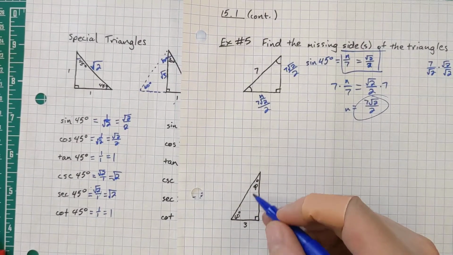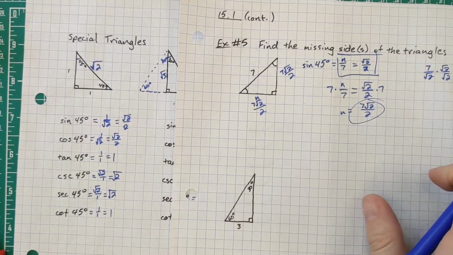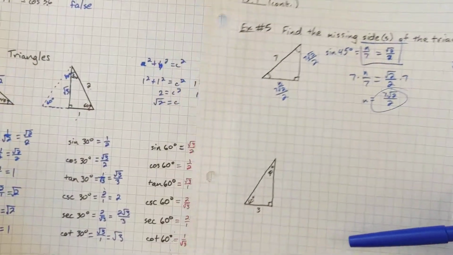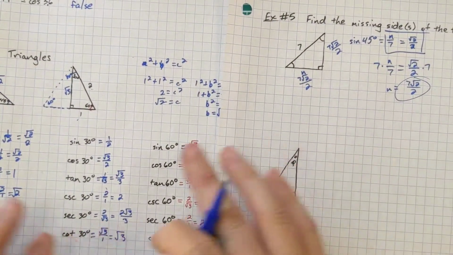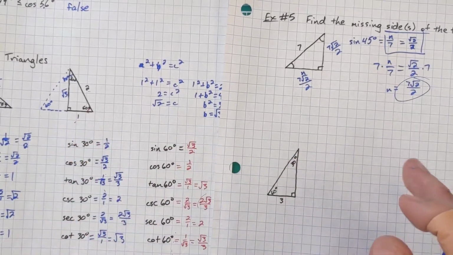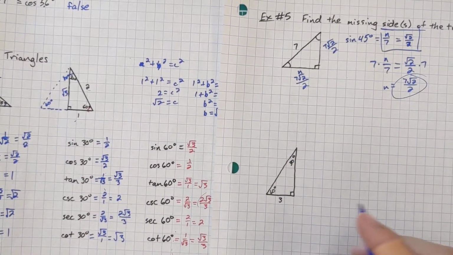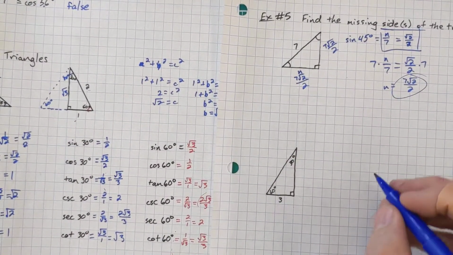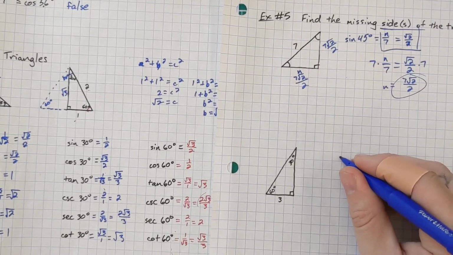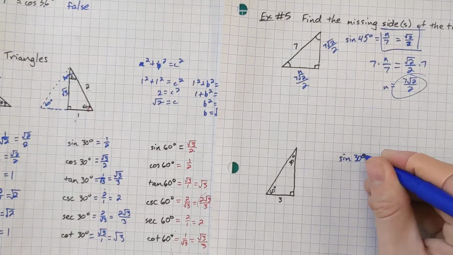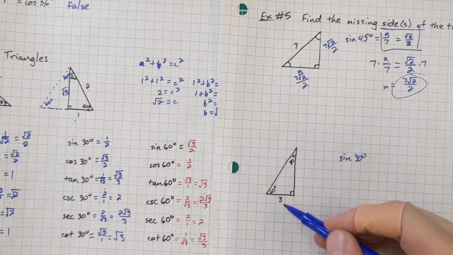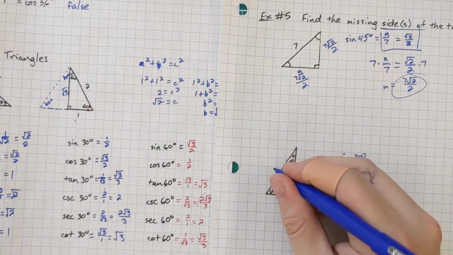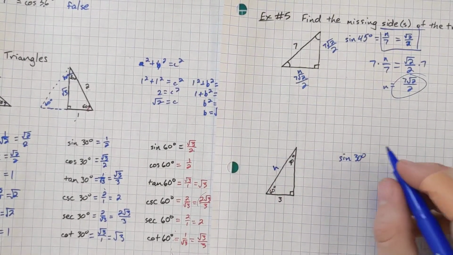All right, so back here. Now, if I have a 30, 60, 90 triangle, I can go off of that and think about what I need. So let's do sine of 30 degrees. I'm just going to use h for the hypotenuse.